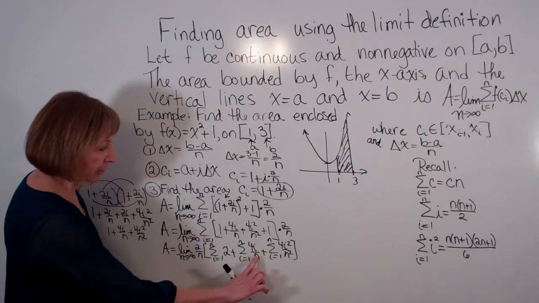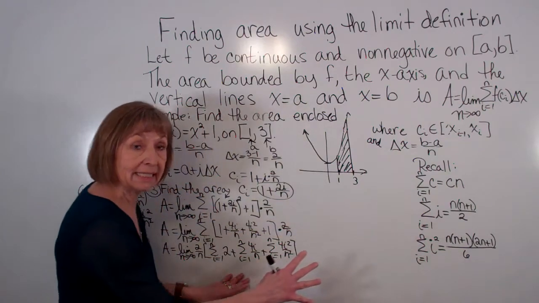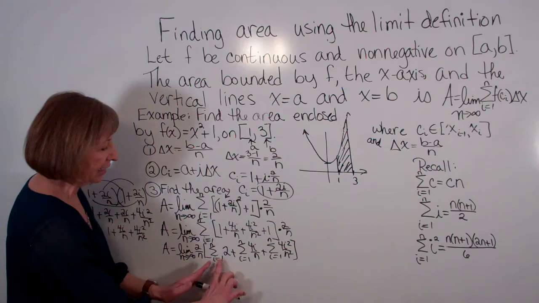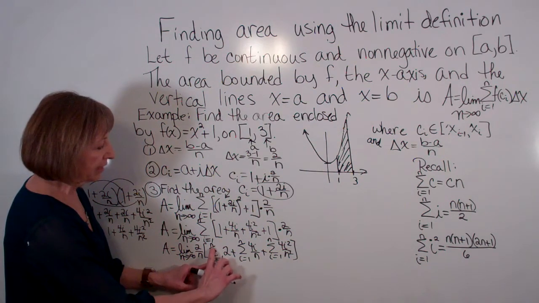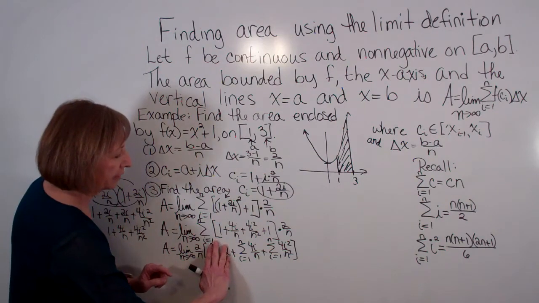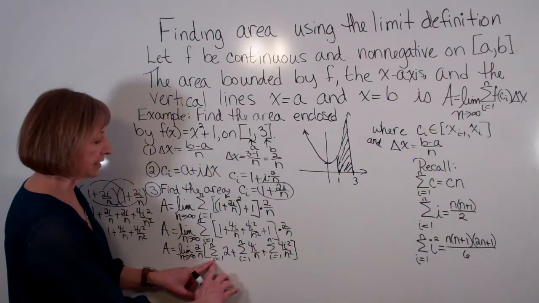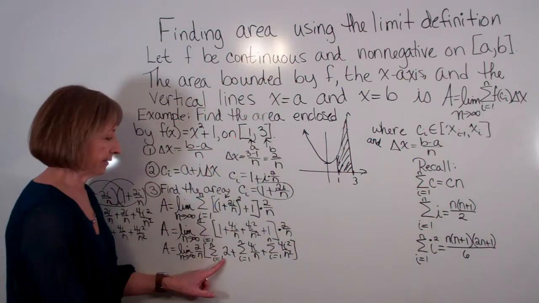So now when I look at this, I'm not quite where I can use these rules for my summation. I need to, within each of them, see what I can apply. So the summation i equal 1 to n of 2, so you're going to look at this term, then this term, then this term. So this is the summation i equal 1 to n of a number. So I do have a rule for that.